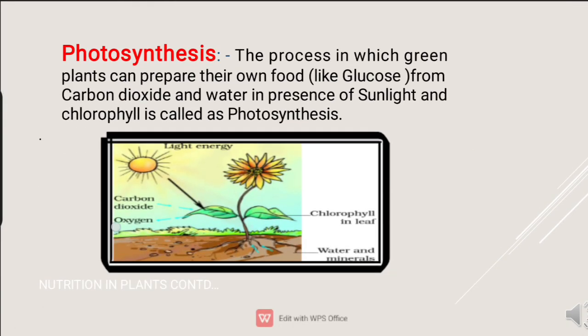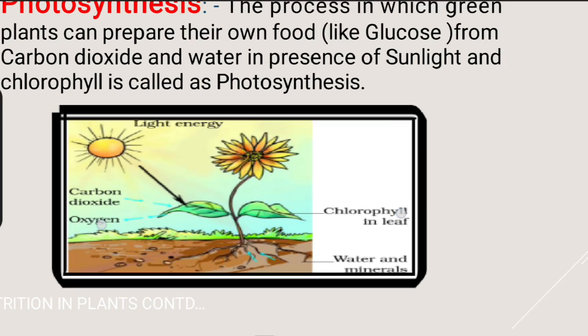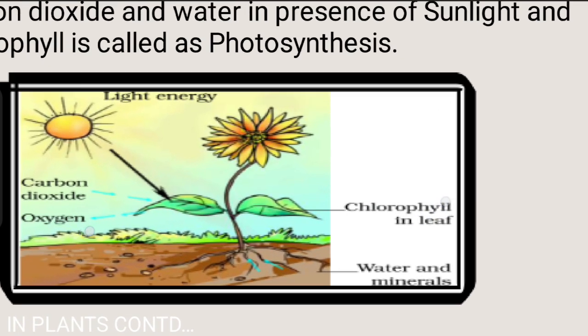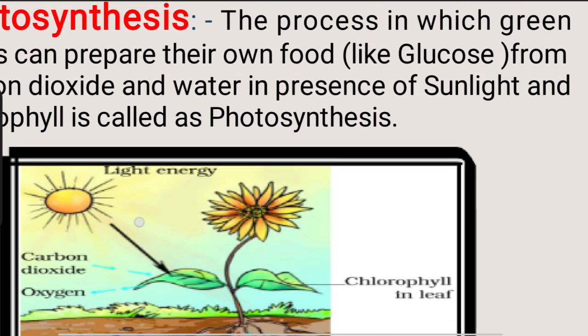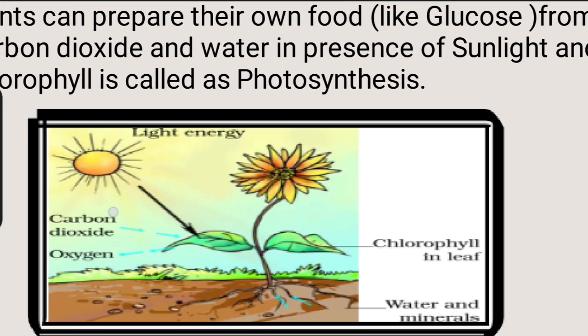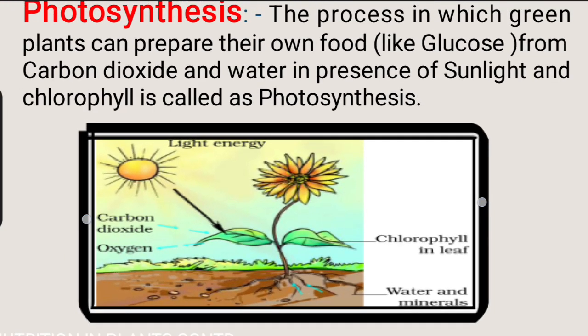Okay. Now, the photosynthesis. What is the process of photosynthesis? This you can see from the diagram. The plants make their food in the presence of sunlight, carbon dioxide and water, and chlorophyll. This is called photosynthesis.